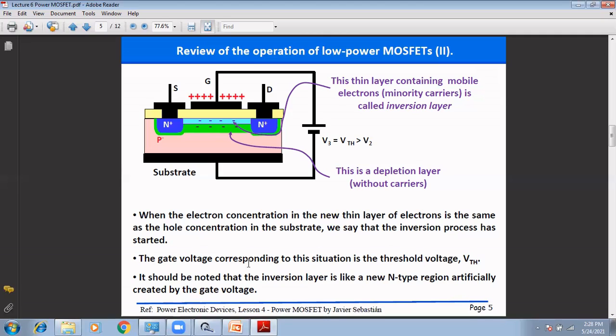The gate voltage corresponding to this situation is called the threshold voltage. That means the voltage at which the inversion layer is created is called the threshold voltage.